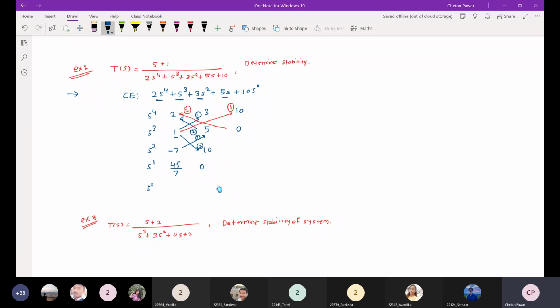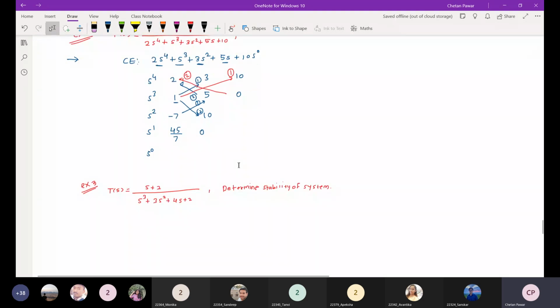Then S raised to 0. To find out the element of this row, we will consider the elements of these two rows. So 45 by 7 into 10 minus 7 into 0 divided by 45 by 7. Okay, so I will just do that multiplication. 45 by 7 into 10 minus 0 divided by 45 by 7.